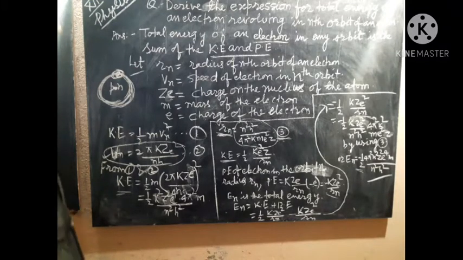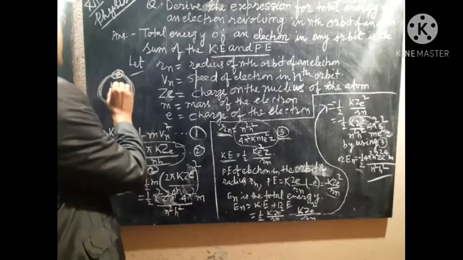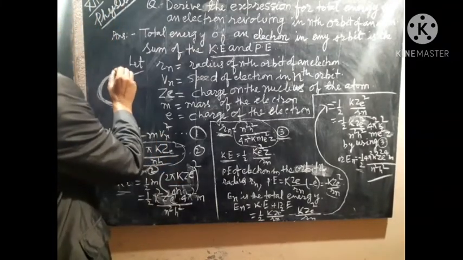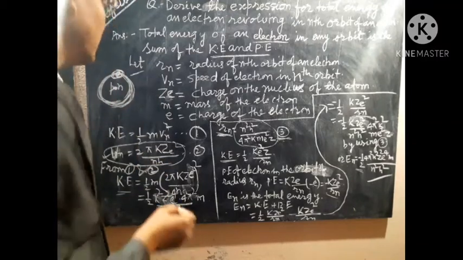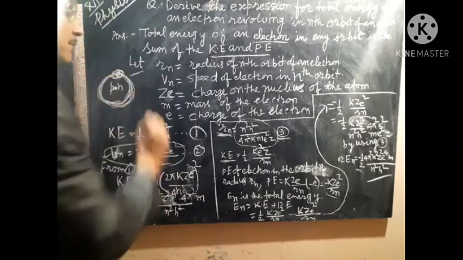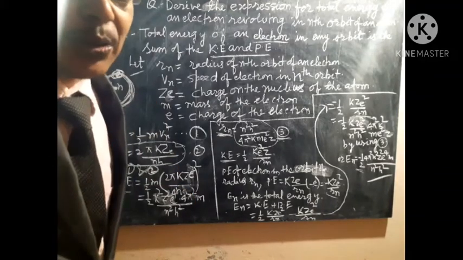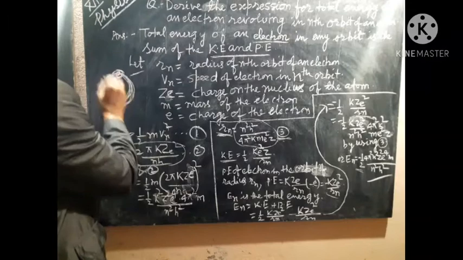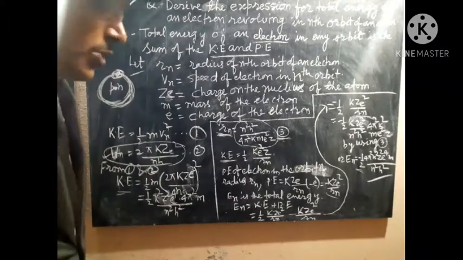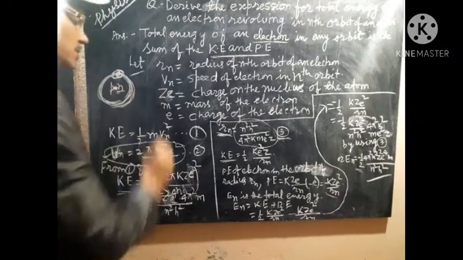You should revise these things. Here I am telling you who discovered the fundamental particles. Proton, neutron and electrons are fundamental particles of an atom. Who discovered the proton? Goldstein. Who discovered the neutron?